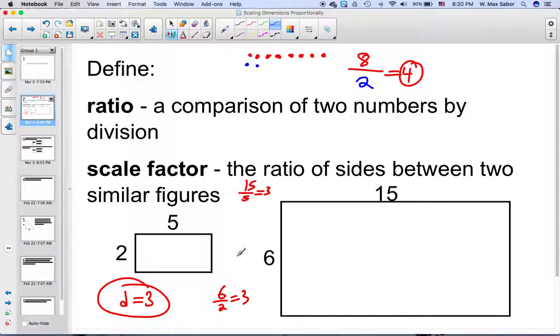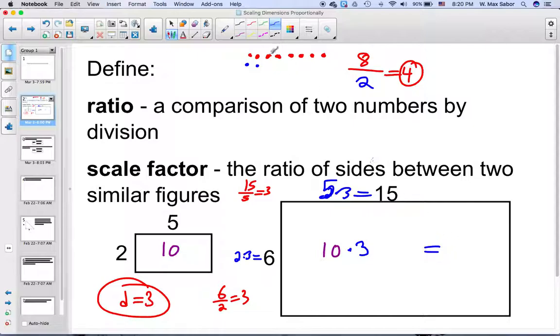What this means is that 2 times 3 is 6, and 5 times 3 is 15. Now it's tempting to say, okay, the area is 10, so if I wanted to find the new area, I would take 10 times 3 to get the new area, but that's not true. 10 times 3 would be 30, but the new area we could do with 15 times 6.